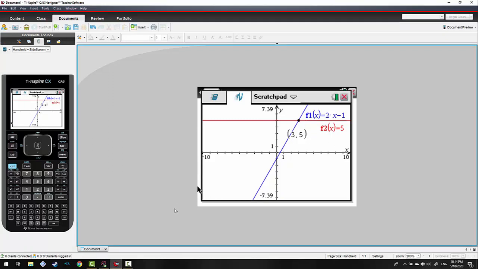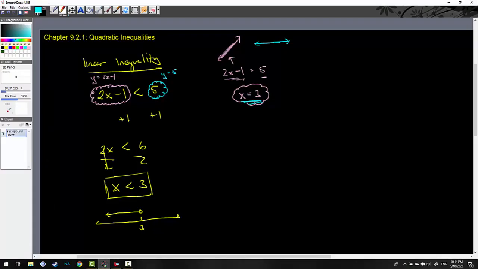So how does this help me in a linear inequality? Remember, the original problem says 2x minus 1 is less than 5. So what they're saying is that my diagonal line is less than my horizontal line.